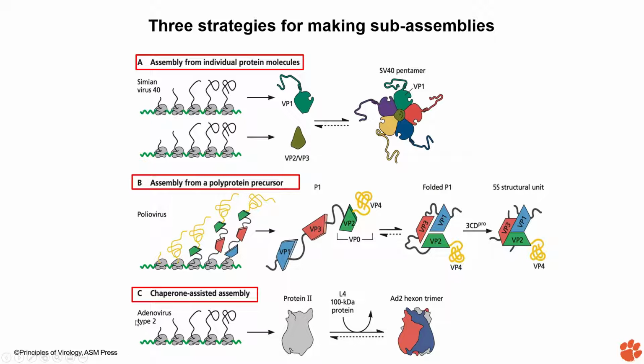This, on the other hand, is a chaperone-assisted assembly. And here what we are looking at is protein 2, which, with the help of the L4 100 kilodalton protein, forms the adenovirus 2 hexon trimers. So you can see that L4 is also an adenoviral protein, and that helps in the formation of the adenoviral hexon trimer.